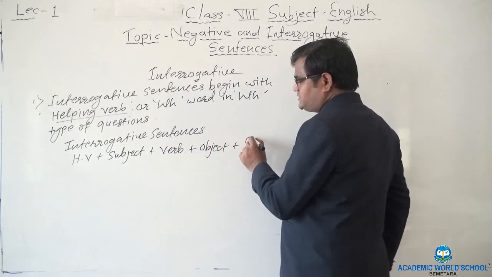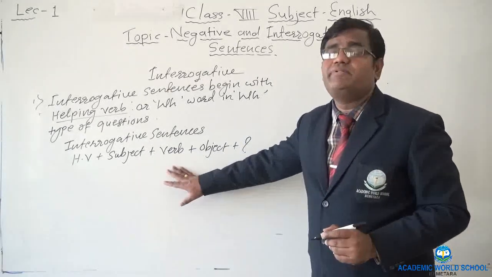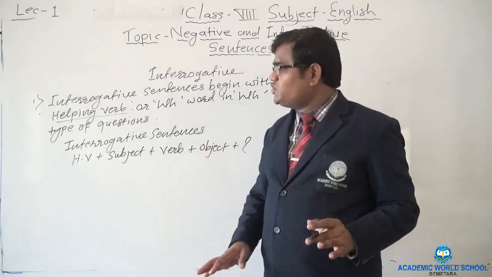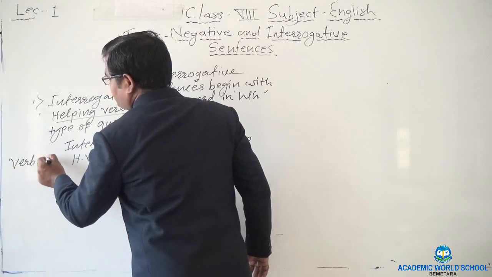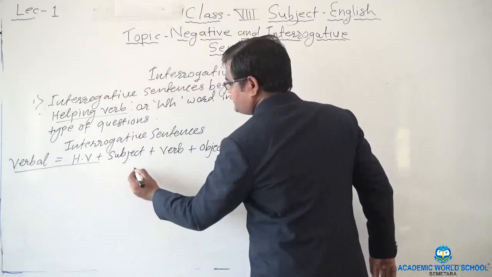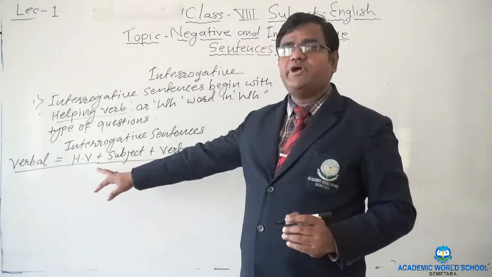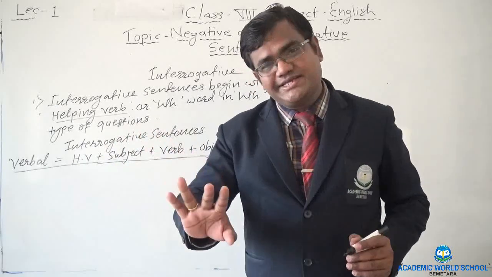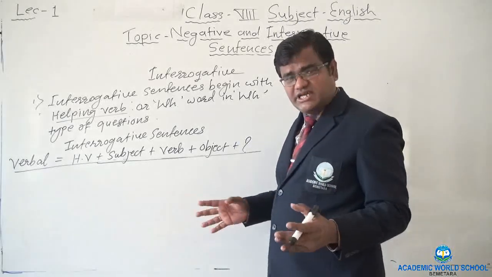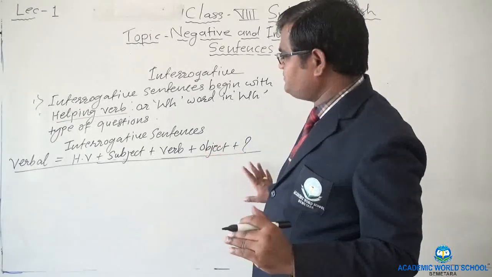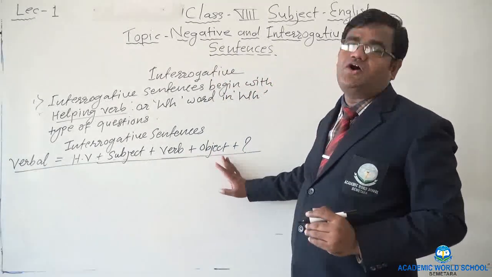Even if you put the construction in this simpler way, you have formed your yes/no type of questions. For yes/no type of questions, the formula is simply: take a helping verb, which helping verb? Is, am, are, was, were, have, has, had, do, does, did, can, would, may, might, whatever helping verb you get. Then the subject, then the verb, and then the object.